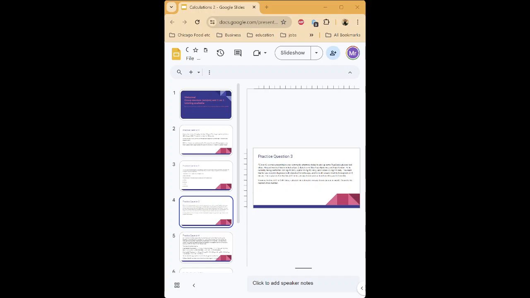So the formula for estimated average glucose is going to be 28.7 times the A1C minus 46.7.